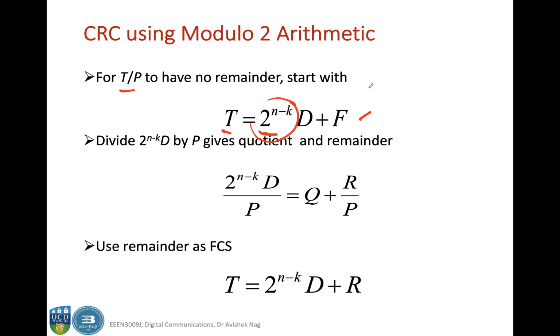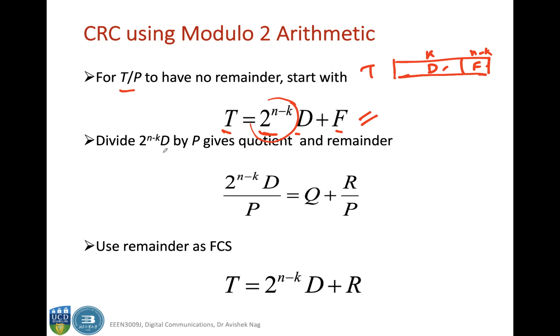So 2 to the power n minus k times D plus F actually means this: the k bits data, and the n minus k bit frame check sequence. So this is T, the total frame, represented in modulo 2 operation.